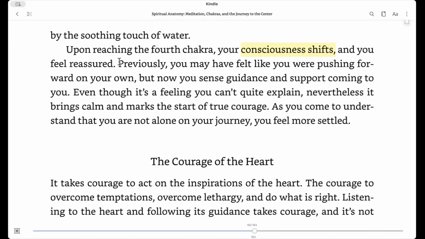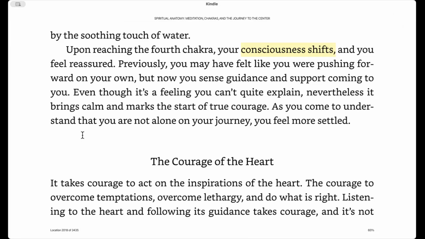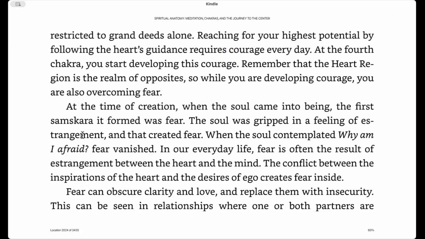So the courage of the heart. It takes courage to act on the inspirations of the heart. The courage to overcome temptations, overcome lethargy, and do what is right. Listening to the heart and following its guidance takes courage, and it's not restricted to grand deeds alone.